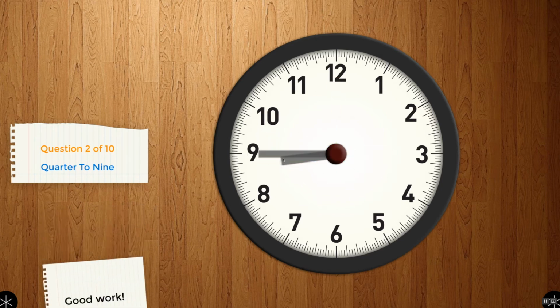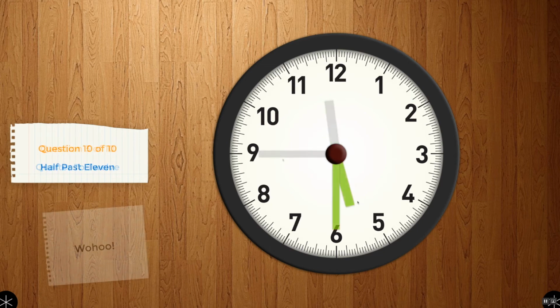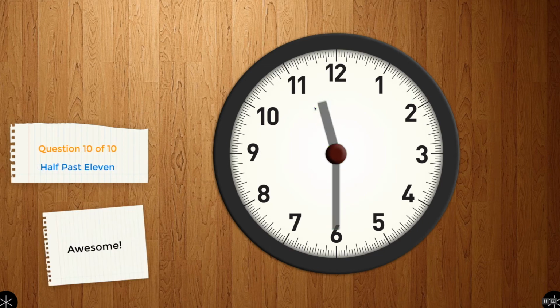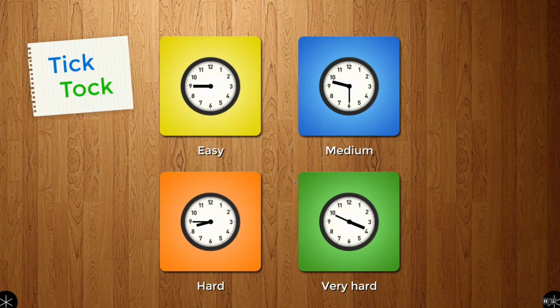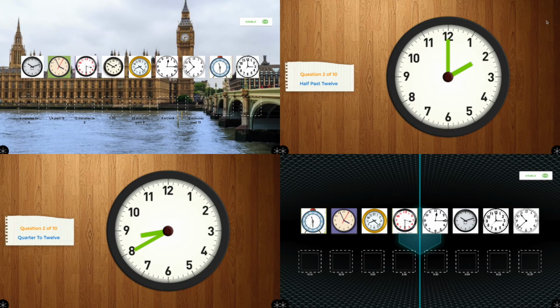Feedback is provided after each try. At the end of a round, the student is given the option to restart and play the round again, or return to the main menu and make a new choice. The clock app works well in zones with related lessons found on the MultiTeach Lessons community, as shown.